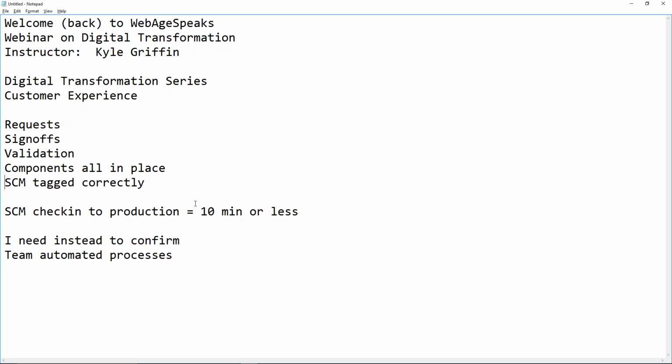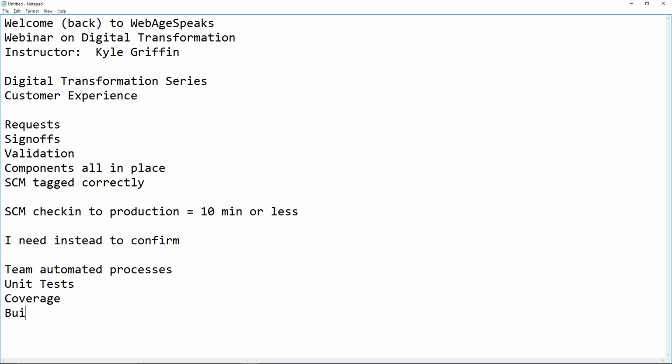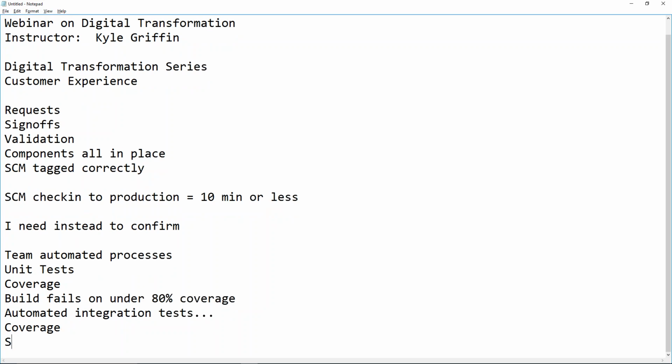An alternate method is I go look at a team's automated processes and I confirm that you have unit tests. I confirm that you have a coverage utility. I confirm that the build fails on under 80% coverage. I confirm that the integration tests have coverage.